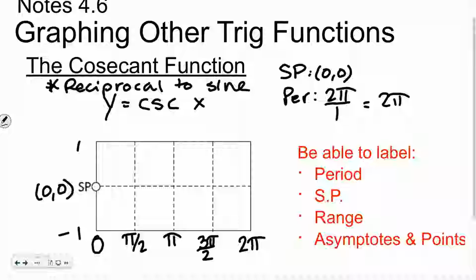And then when we did pi halves, the sine of pi halves is 1, because at 90 degrees your ordered pair is 0, 1. So we're basically going to do the same thing, but we're going to talk about cosecant as the reciprocal to sine. So cosecant, being the reciprocal of sine, means you're really just doing 1 over sine.